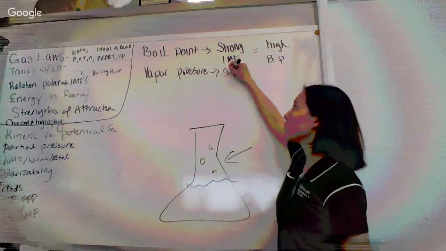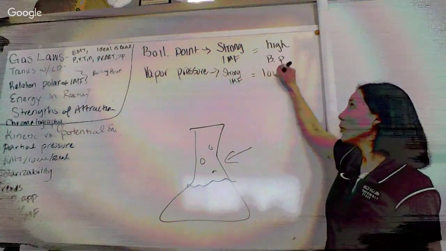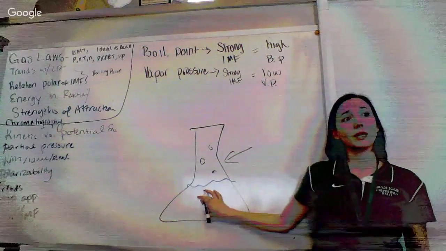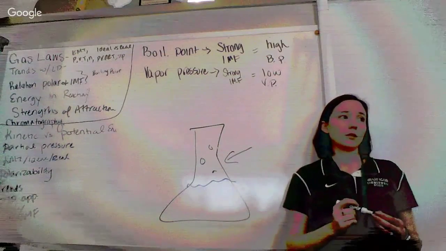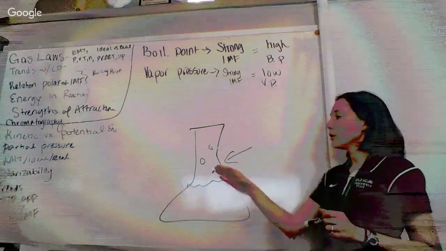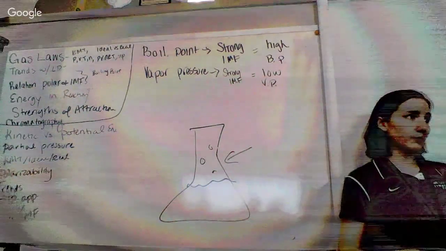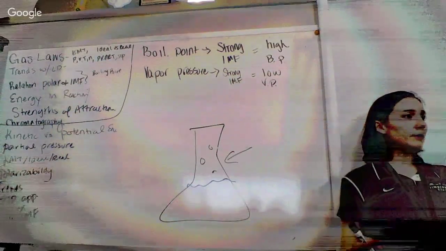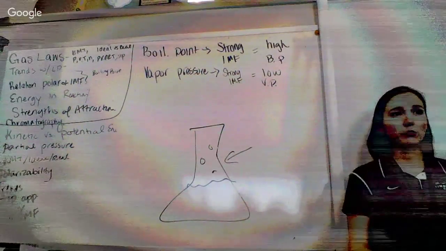So if you have strong IMFs, you're going to have low vapor pressure because those molecules are going to stay together down here and they're not going to be released up here. So that means when you're looking for something that has a low vapor pressure, that's your clue that it has strong intermolecular forces. So when you're comparing those two, then you have to come up with some sort of reason why it has those strong intermolecular forces, like we talked about last time around.